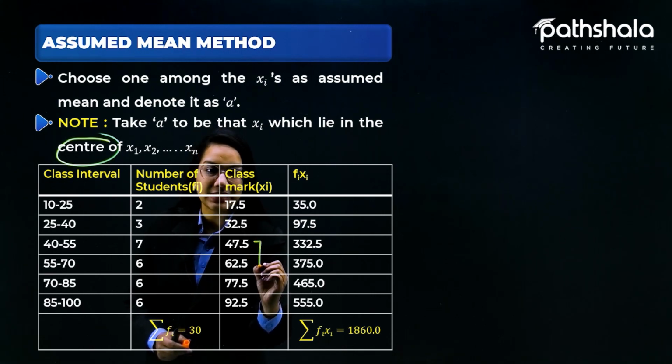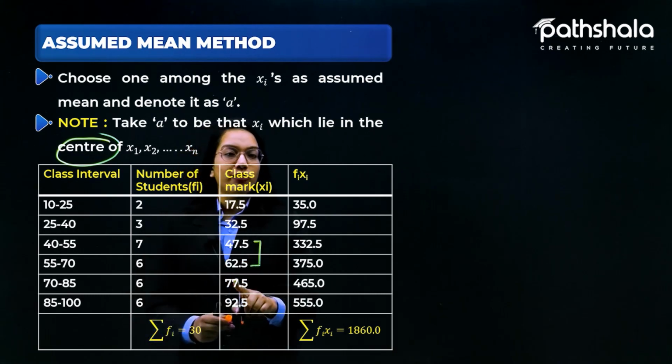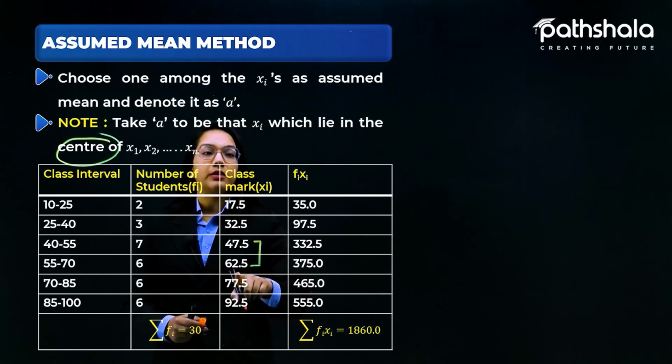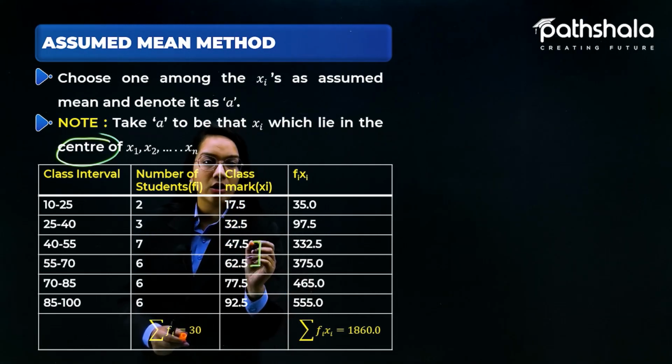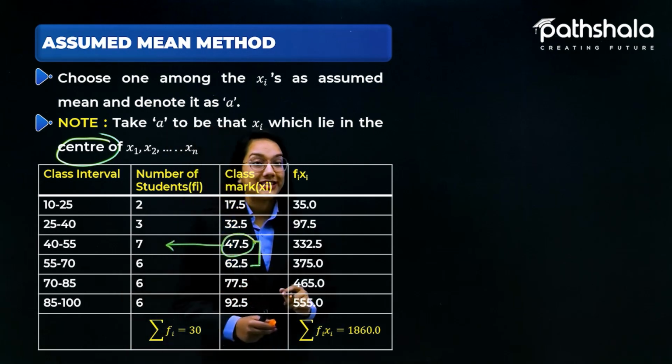You can see the center is actually these two elements. You can opt for any of these elements, but here I am taking this particular point because its frequency is greater.